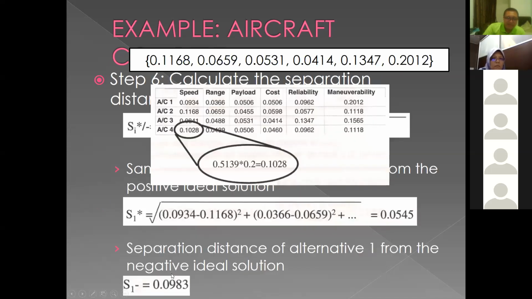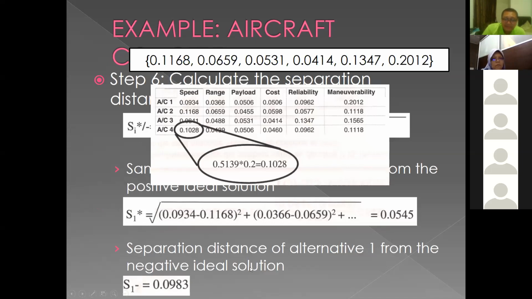S1 negative is this one. Remember that for the S negative, we have 4 values for each aircraft. Similarly, for the S plus, we have also 4 values. Can I ask something about the formula?